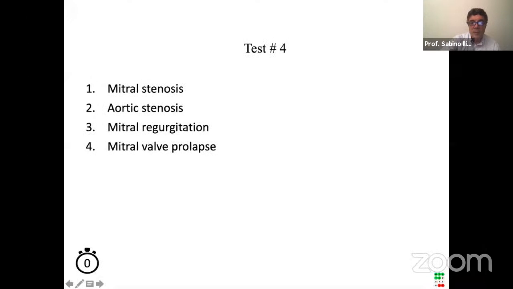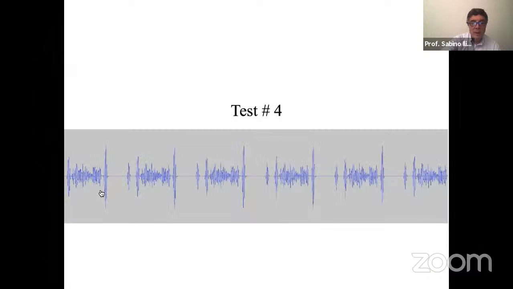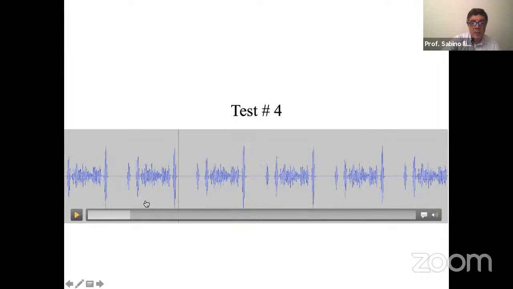Okay, so this is the phonocardiogram, and as you can see, we have a first sound, a second sound, an opening snap, diastolic murmur. So this is mitral stenosis.